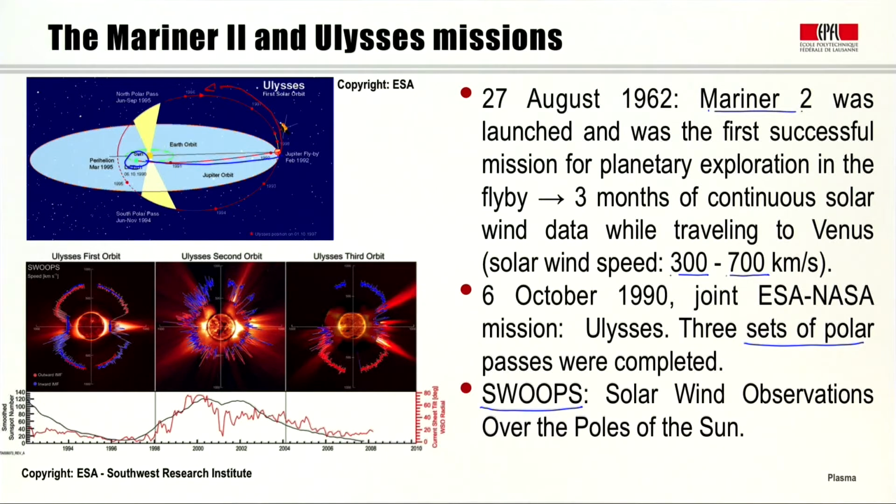Ulysses has then completed more than 3/4 of the third orbit, as you can see here, occurring around the solar minimum cycle. During this last cycle, Ulysses also gathered information indicating that the solar wind was about 25% less powerful than it was in the previous solar minimum cycle.